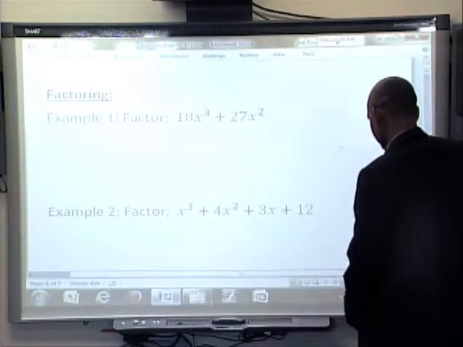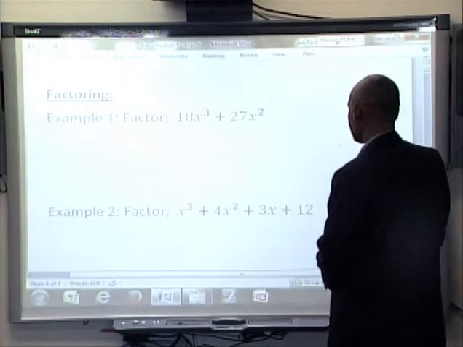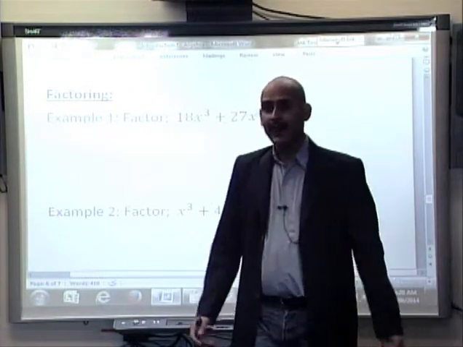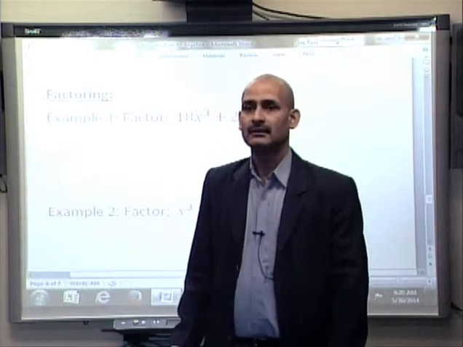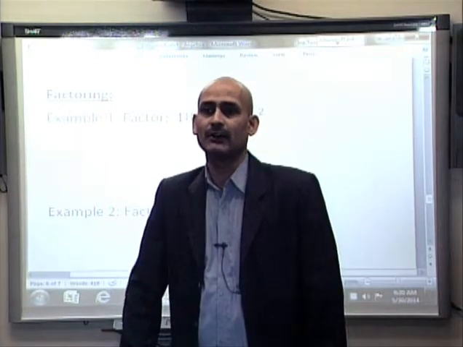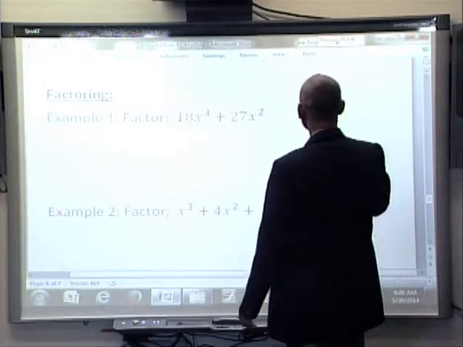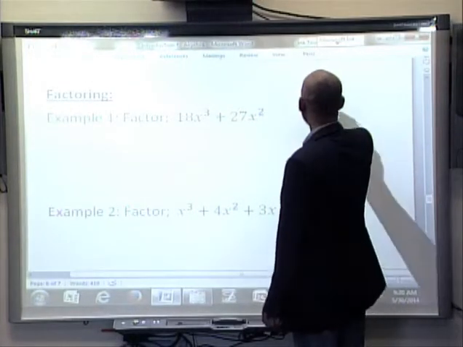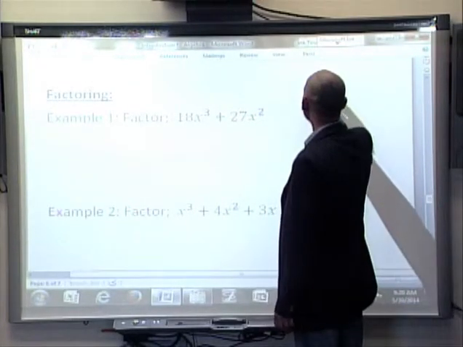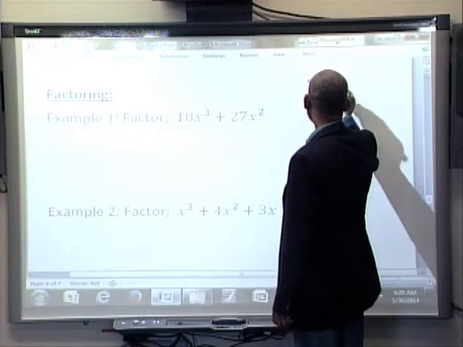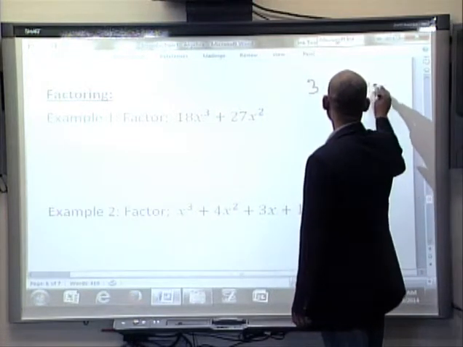talk about factoring. By the way, factoring is the reverse process of multiplying. For example, in the case of numbers, if we multiply 3 with 4, we get 12.